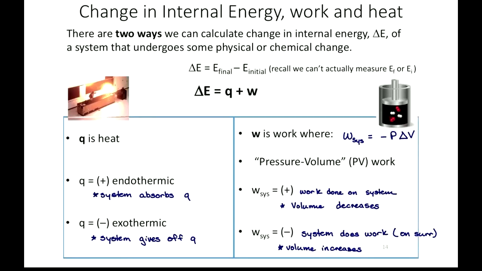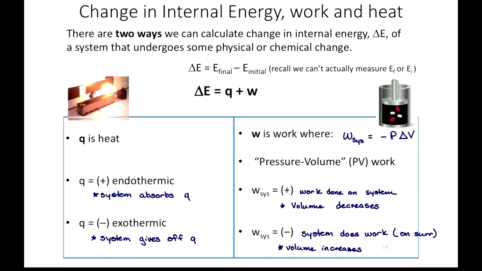The hydrogen balloon is a very highly exothermic reaction. We are seeing a very large negative Q because the system is giving off all that energy and we are observing it. So that is heat. We use the terms exothermic and endothermic to talk about the sign: how is the system gaining or losing energy?